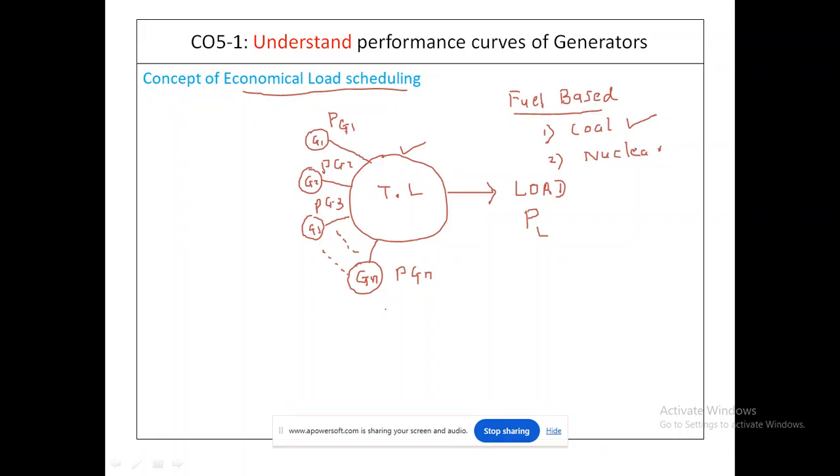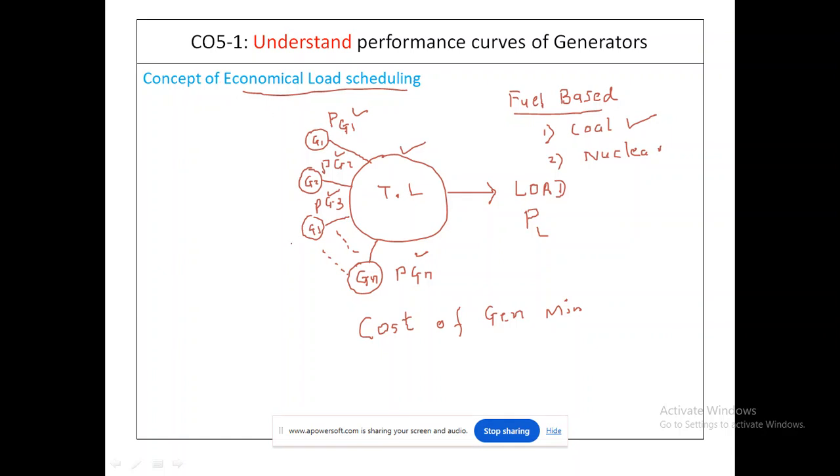Now how do I schedule these, meaning what should be the value of PG1, PG2, PG3 up to PGN, so that the total cost of generation is minimum? This is the concept of economical load scheduling.